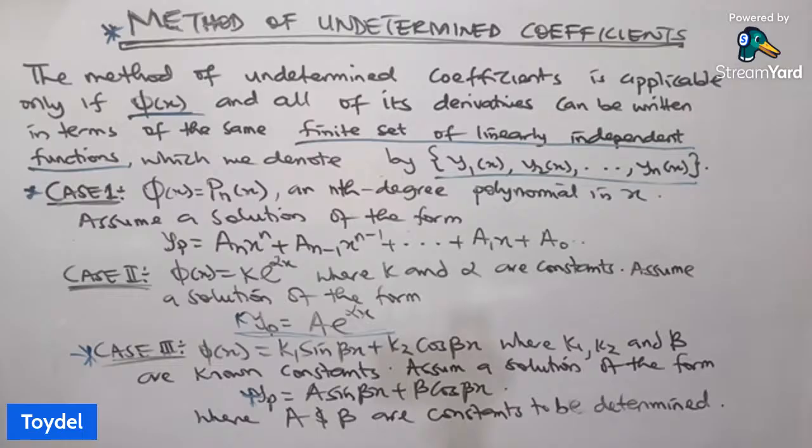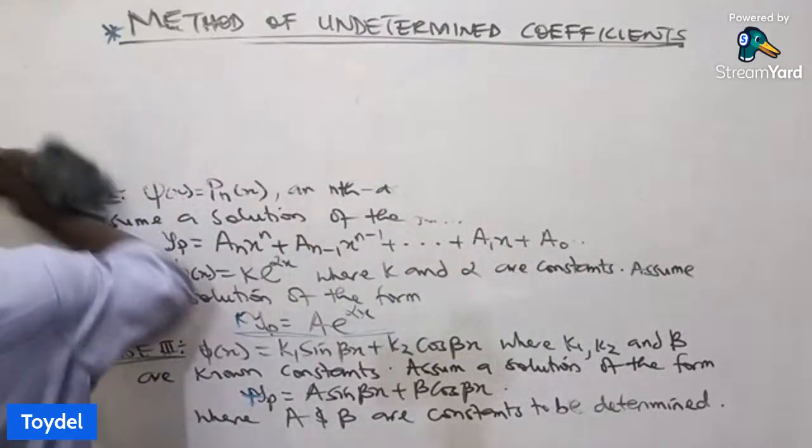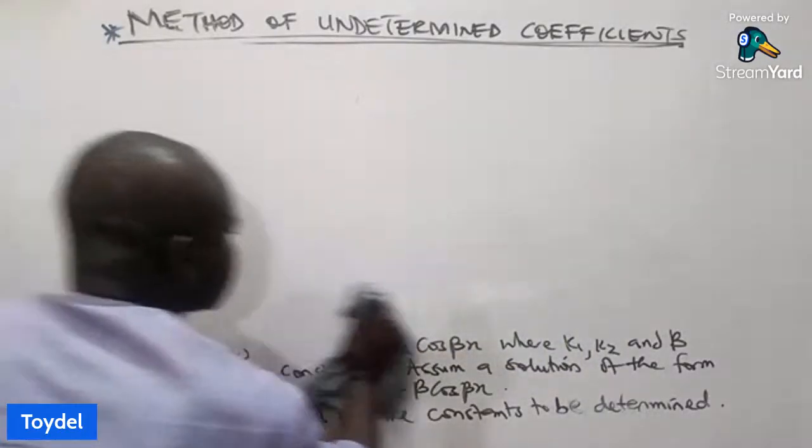That is, if we have a combination of two or more functions, how do we write the particular solution? That's what we are about to do.